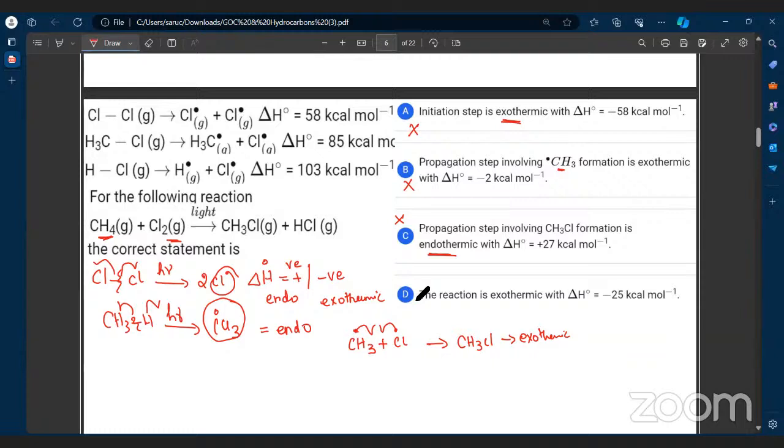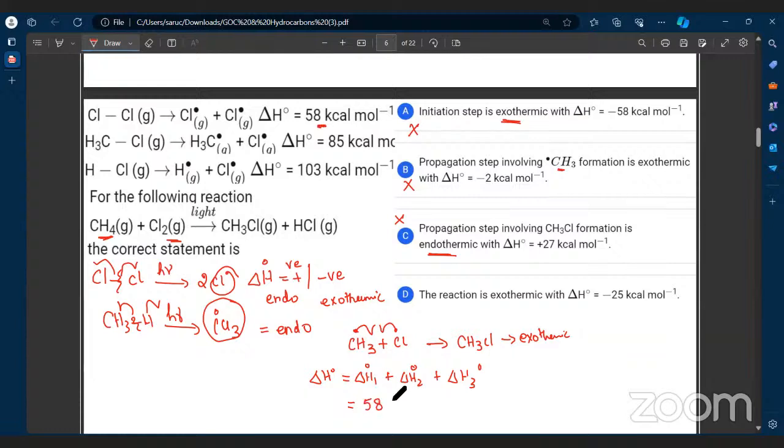The enthalpy of the reaction, delta H naught, is equal to delta H1 naught plus delta H2 naught plus delta H3 naught. Delta H1 naught is 58 kilocalories per mole.